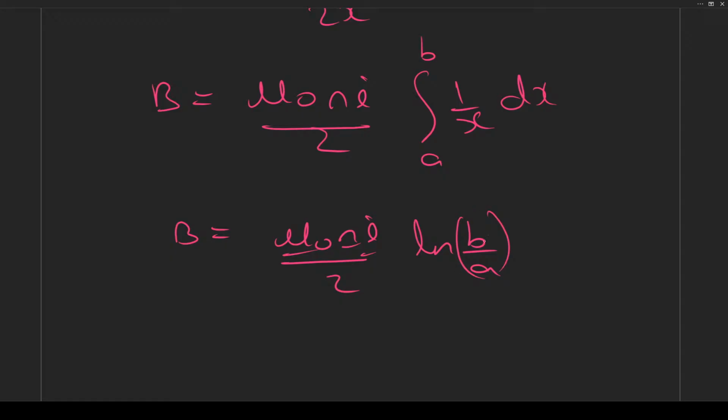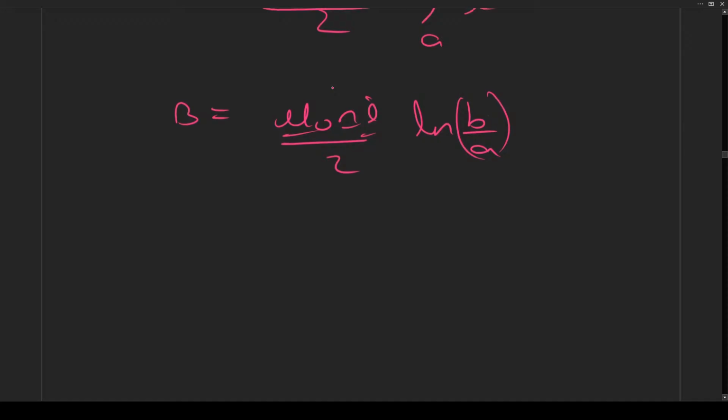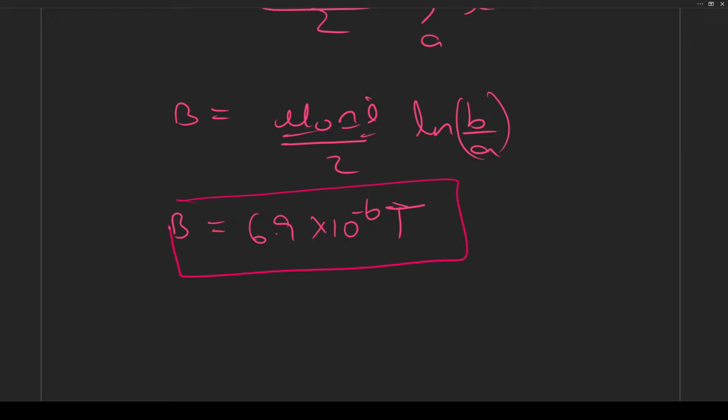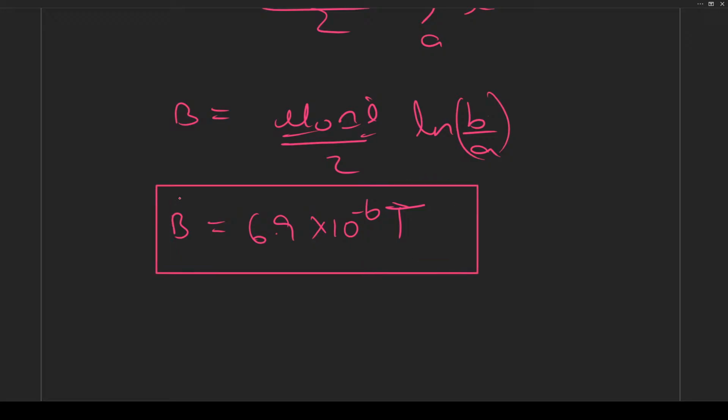If we substitute values and convert this into 2.303 log of b by a, we get the final magnetic field to be approximately 6.9 times 10 power minus 6 Tesla, or 6.9 micro Tesla.